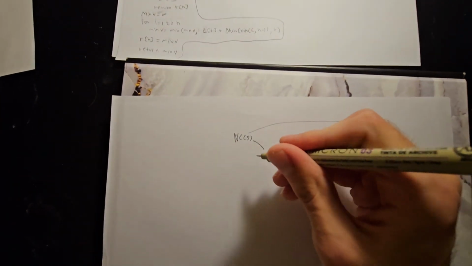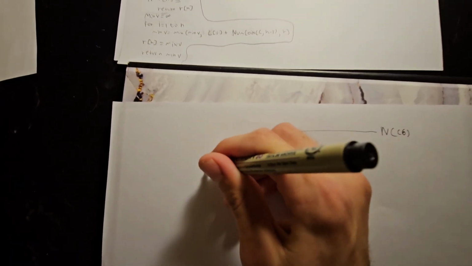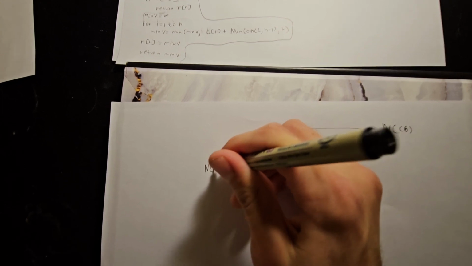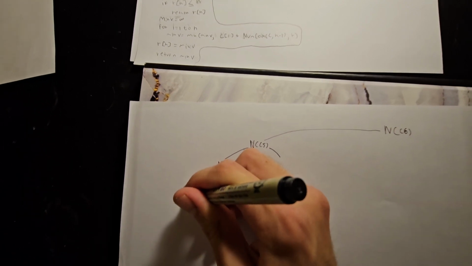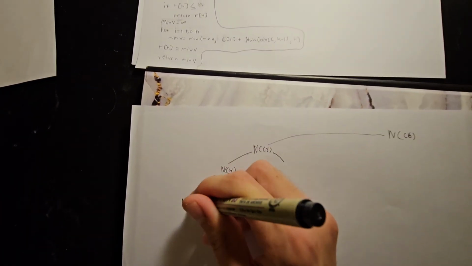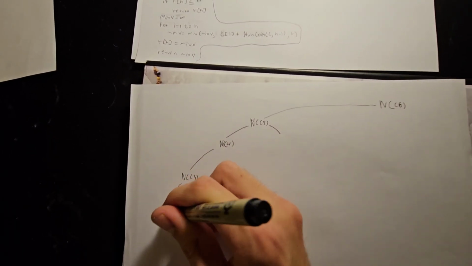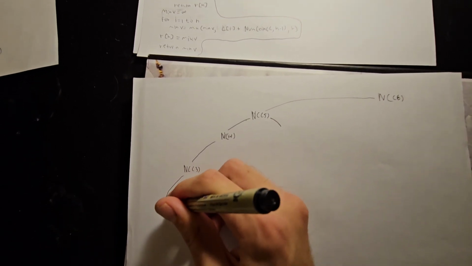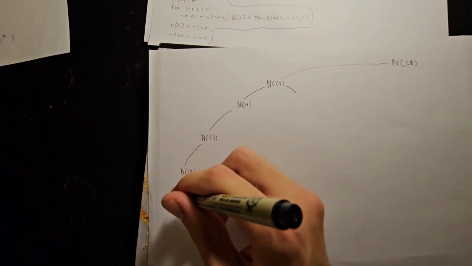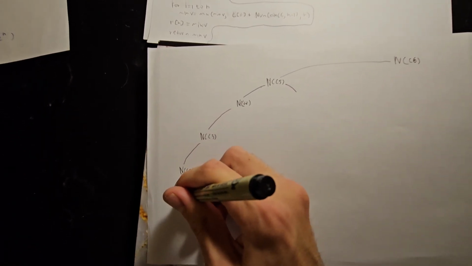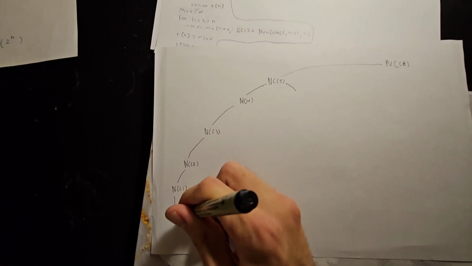Okay, so NC5 is then going to go over to NC4, which is then going to go over to NC3, which is then going to go over to NC2, which is then going to go over to NC1, which is going to go down to NC0.